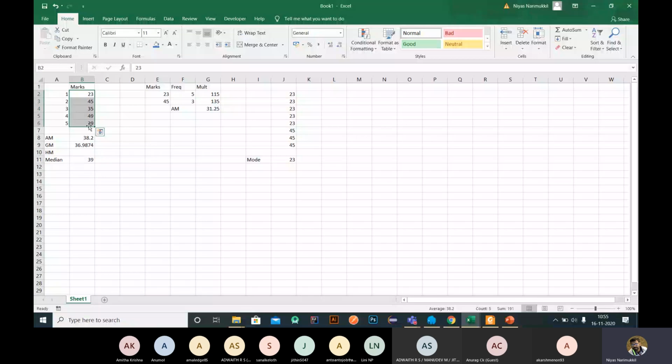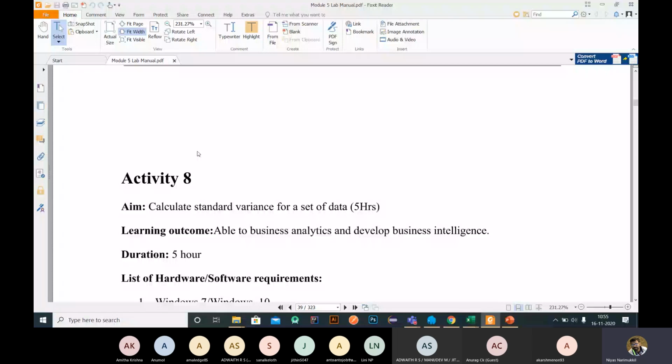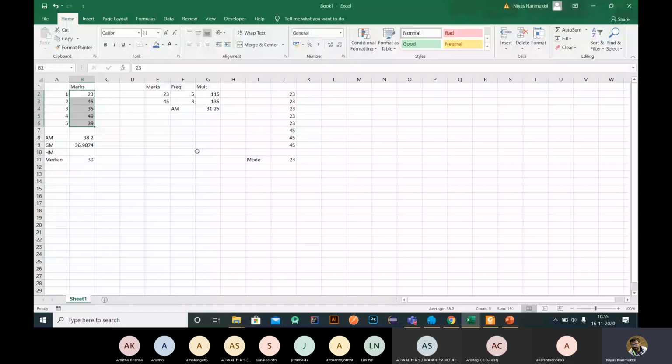So next one is most important, that is standard deviation and variance. I will show you what variance is. So this is the equation.